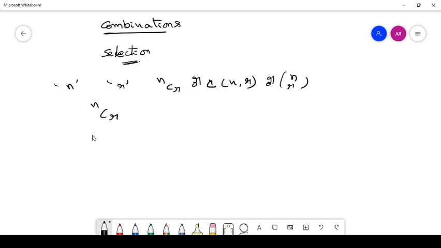Here nCr is nothing but the number of combinations of n dissimilar things taken r at a time, nPr by r factorial. So finally nCr is nPr by r factorial, but we know the result of nPr: n factorial by (n minus r) factorial.